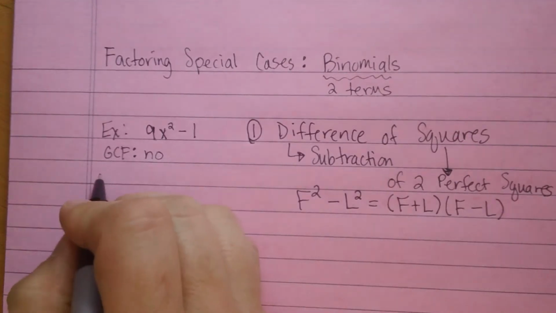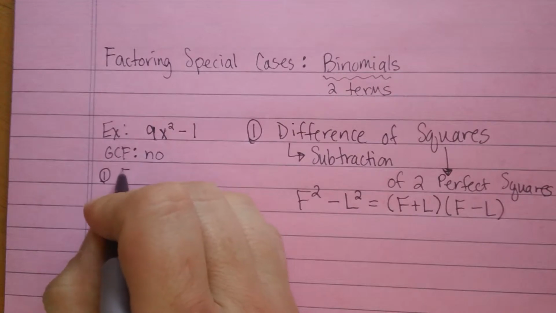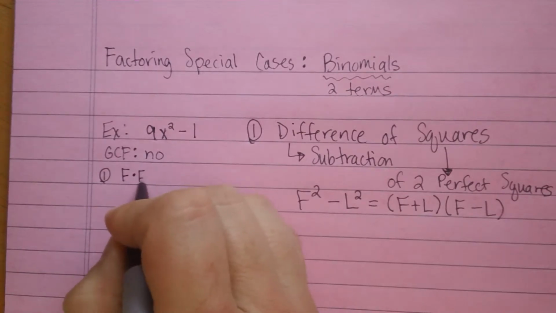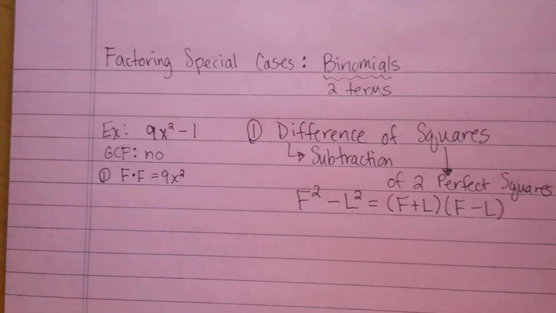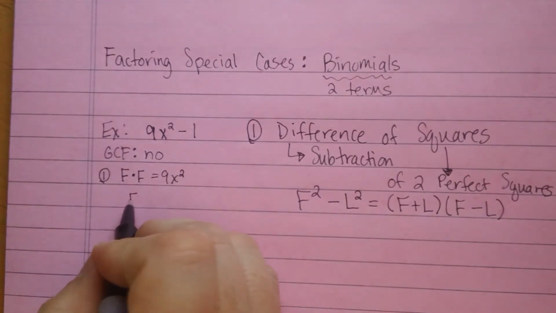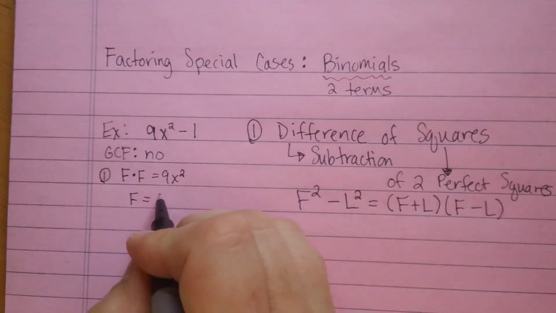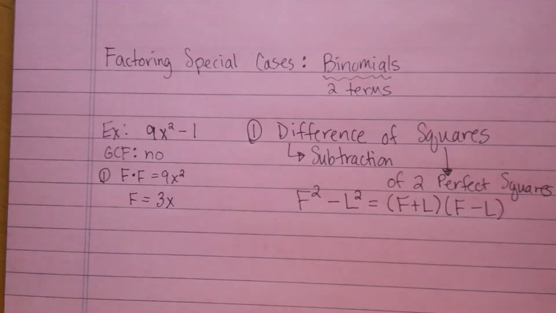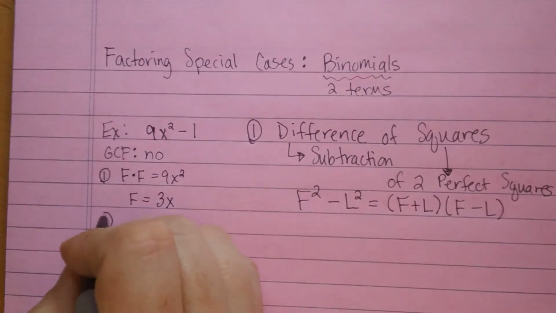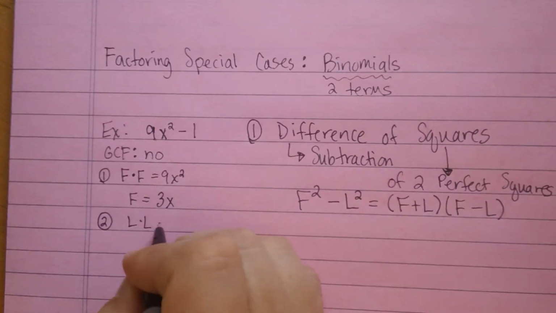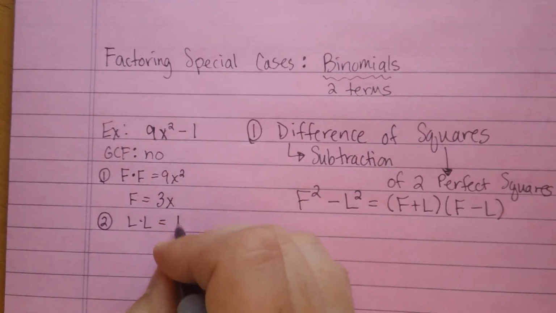I want to identify the first term. Since first times first is 9x squared, I can figure out what it takes to get times each other to get 9x squared, and so my first term is going to be 3x. The next thing I want to look at is my last times last, which is going to give me 1.